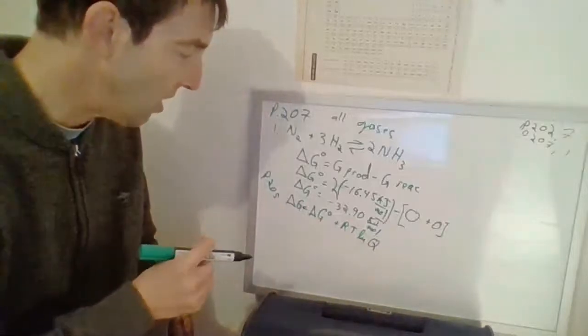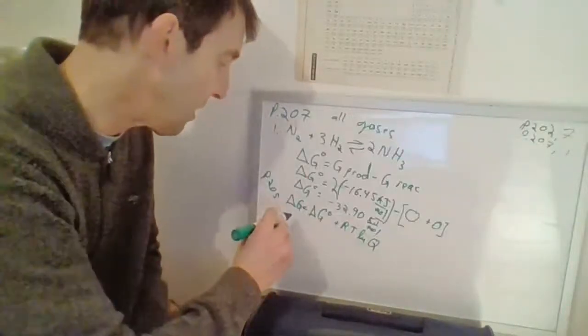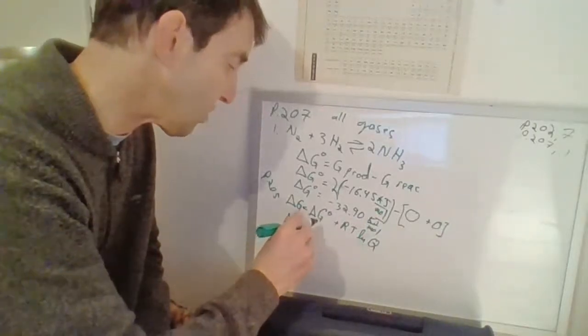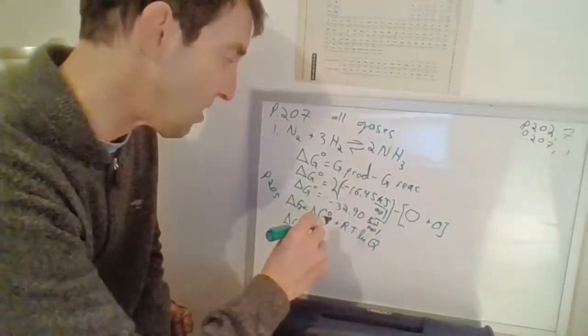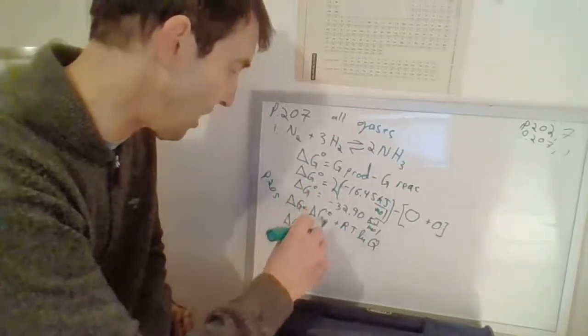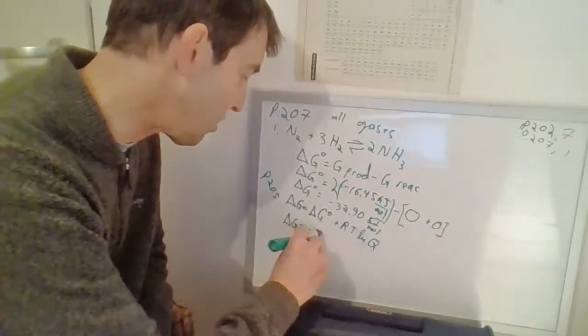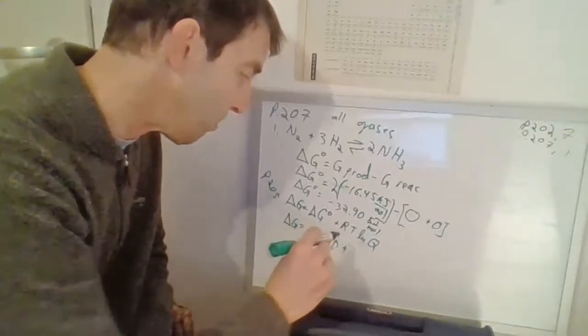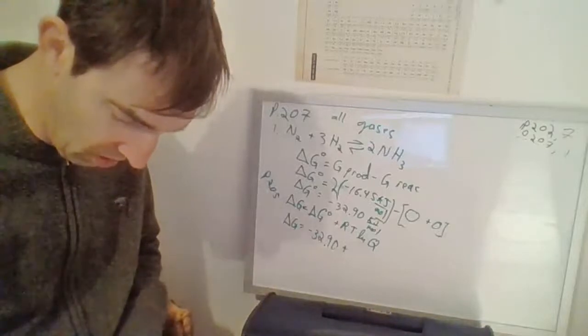Okie dokie. All right, well, we know what this is. So delta G is this delta G minus, and everybody get that? Thank you, Bella. That's correct. Okay, good for checking. So it's minus 32.90 plus RT. Well, the R I got to look up.